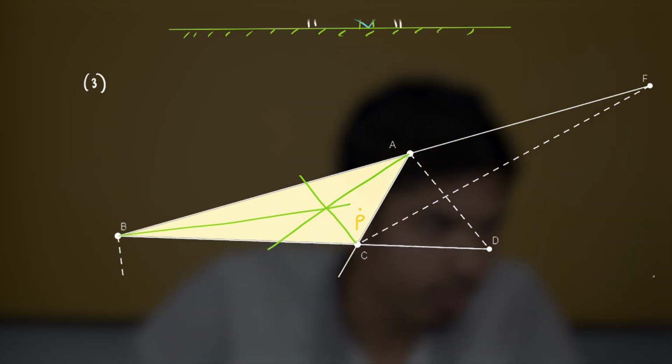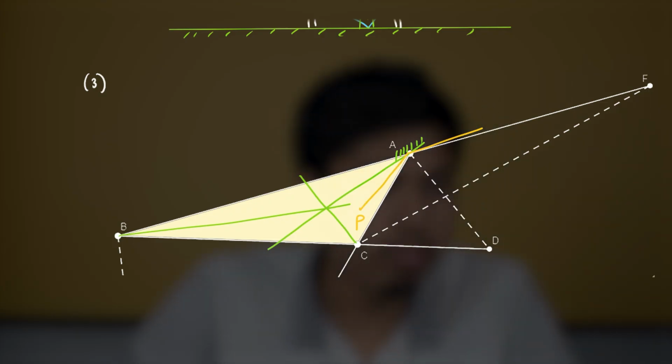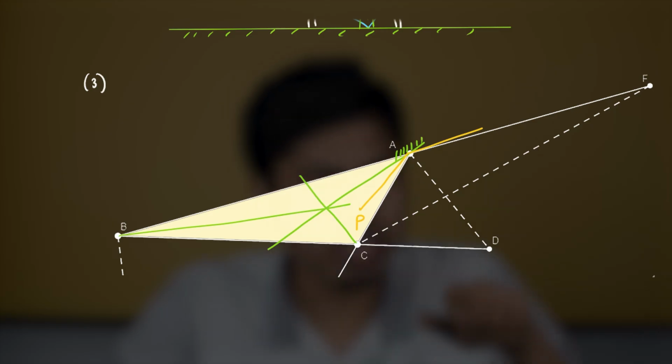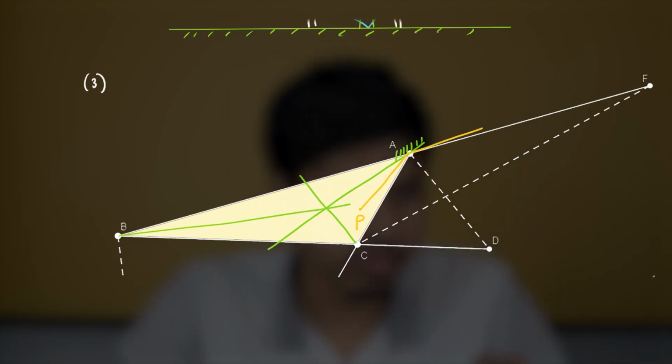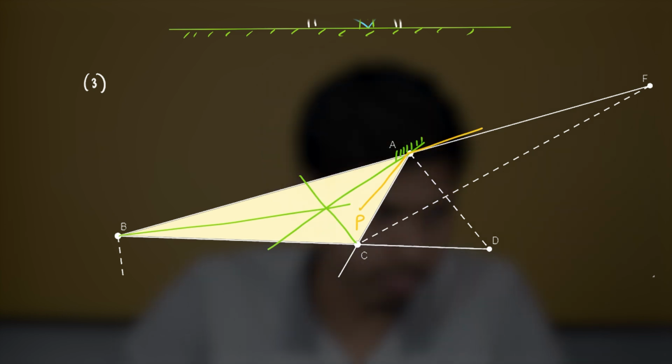First, notice that when the incident ray from P is incident on the mirror at A, then it will get reflected where both incident and reflected rays form equal angles with the internal angle bisector.